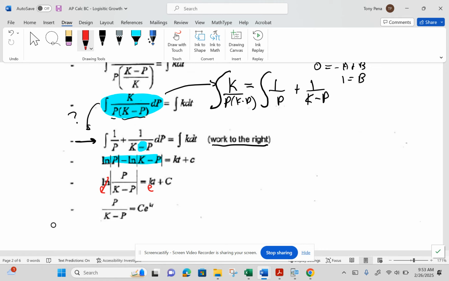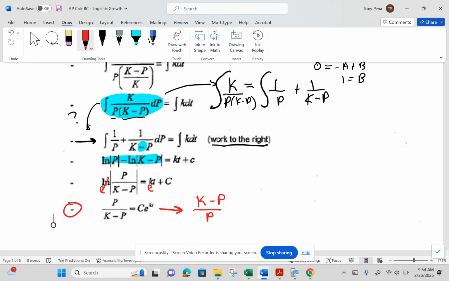Then, do not flip this, because this step here is important. This is going to yield another thing that you're going to want to know. In this step here, off to the right, there are 3 formulas you're going to want to memorize. This is going to give you the second one in a second. So when you look at this guy here, if I flip this around, go ahead and flip that and put k minus p over p.